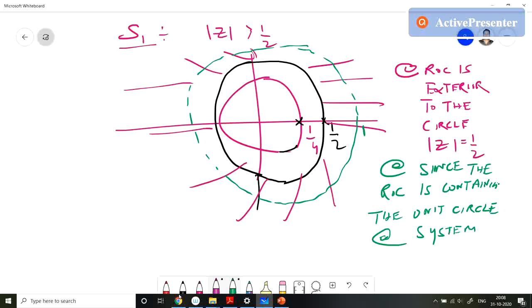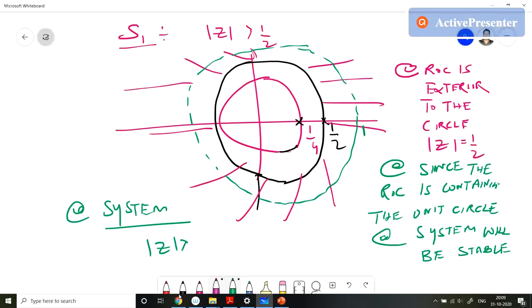So the system will be stable since the ROC includes the unit circle. The system is also causal, because the ROC is modulus of z greater than 1/2, that is, exterior to the outermost pole.